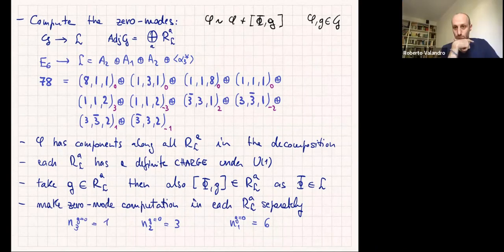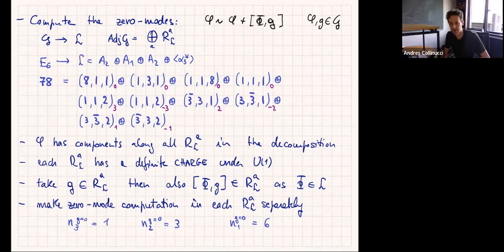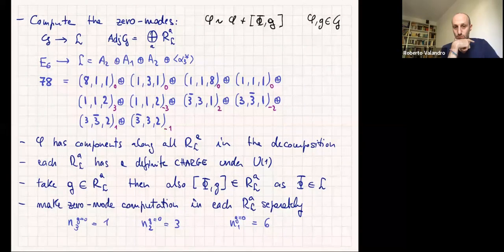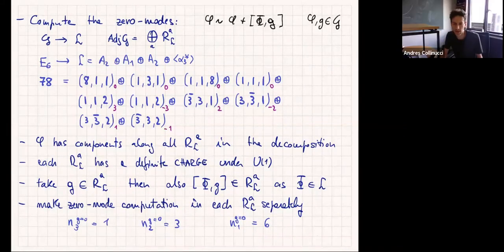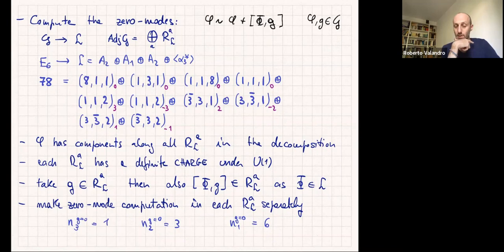Could you have arrived at the same conclusion by imposing that the discrete symmetry that we see be gauged, in order to forbid such terms? Oh, sorry, I didn't think about this.